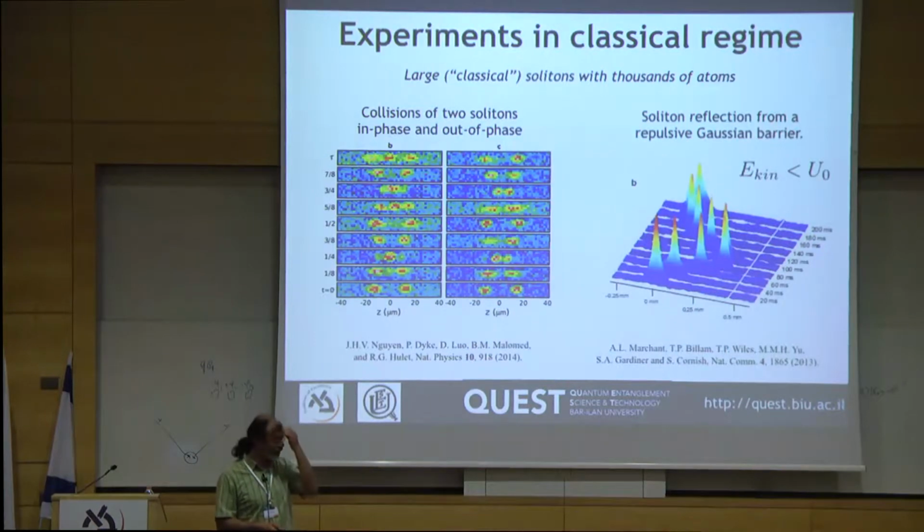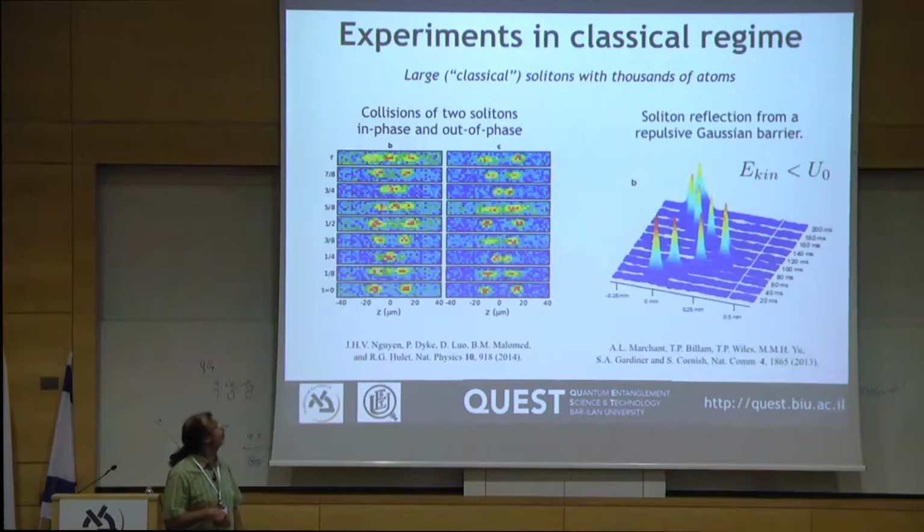They're very interesting and nice experiments in different groups. Here it's a group in the US, and this is a group in England. They do hard work to make these experiments. But in my sense, and not only in my sense, this is just coming back to classical work on solitons.